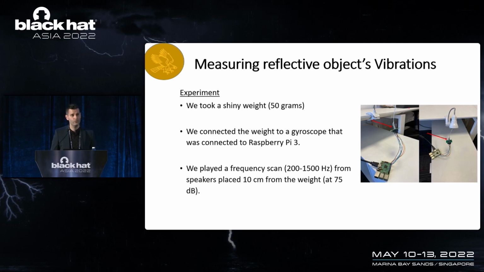The Raspberry Pi was used to obtain data from the gyroscope. Now, we played a frequency scan in the spectrum of 200 Hertz to 1500 Hertz from the speakers, which were placed about 10 centimeters from the weight at a volume level of 75 dB.